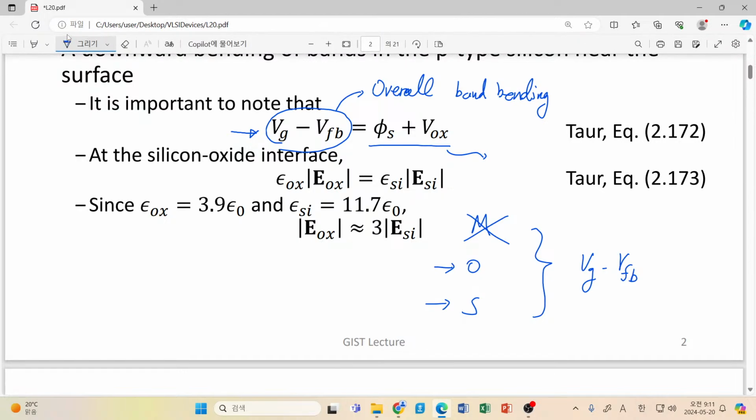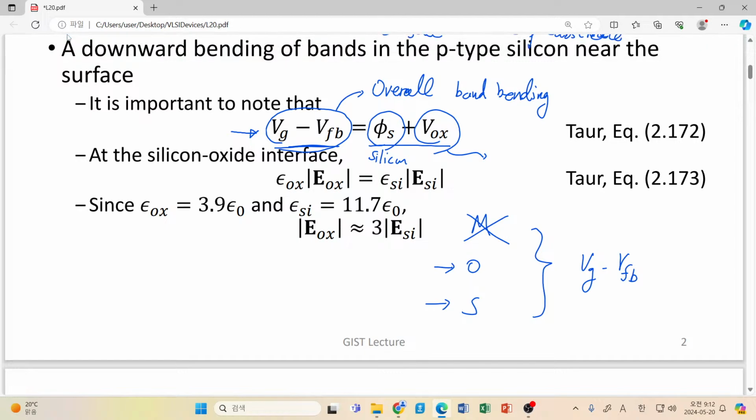So simply speaking, the overall potential difference is divided into two parts. This is the part for silicon or semiconductor, and this is for oxide. So this is a simple division. So 10 is divided by 3 plus 7.